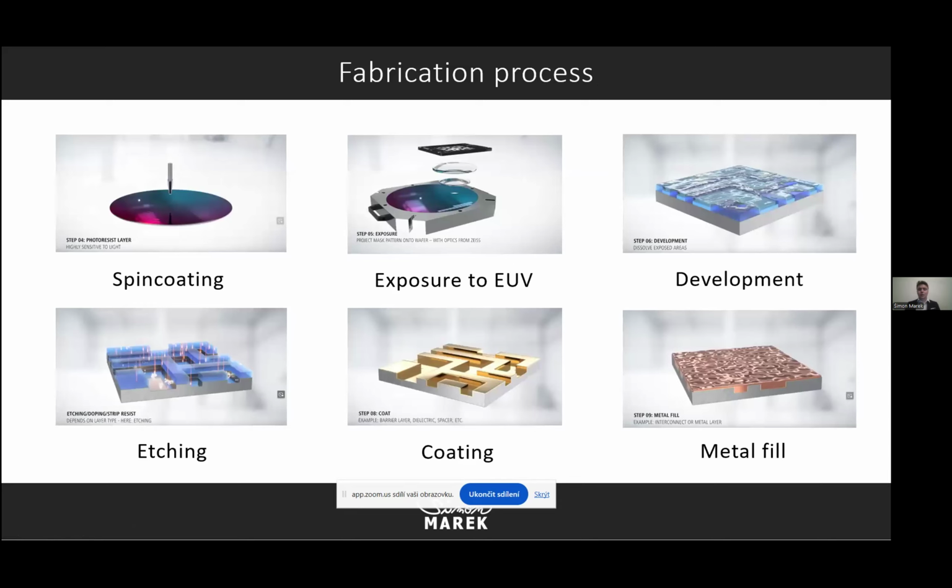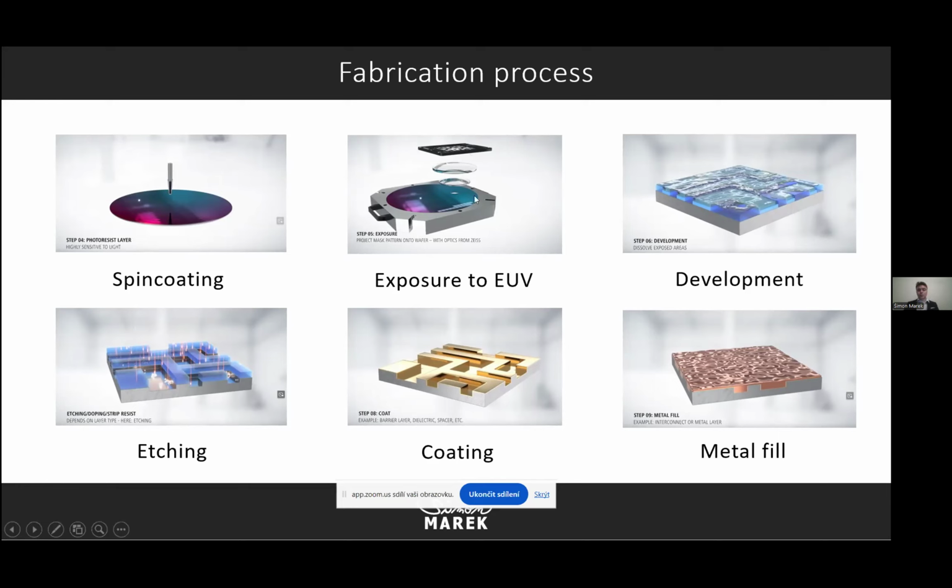So there is a fabrication process. The first step is we have our wafer, which is a plain silicon wafer, and we want to spin coat it with photoresist, while it is spinning at a very high RPM, probably 9,000 RPM. We want to cover it with a uniform layer of photoresist.